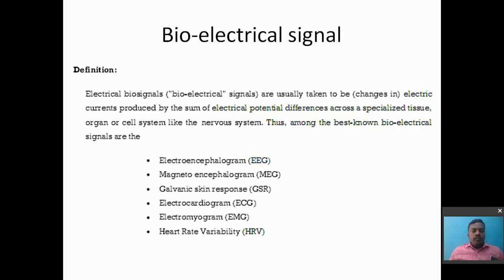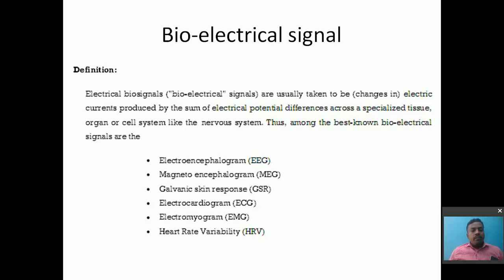Bioelectric signals, the electric biosignals, are usually taken to be electric current produced by the sum of electric potential difference across a specialized tissue, organ or cell system like the nervous system. Among the best known bioelectrical signals, we are measuring them in our hospital.